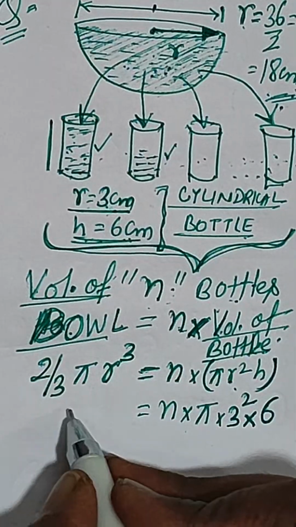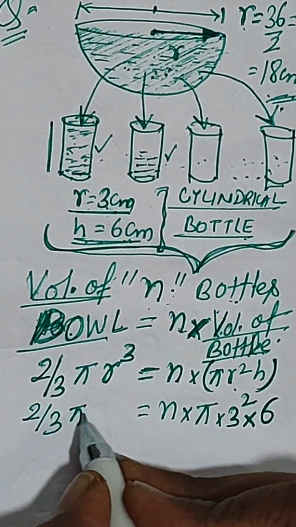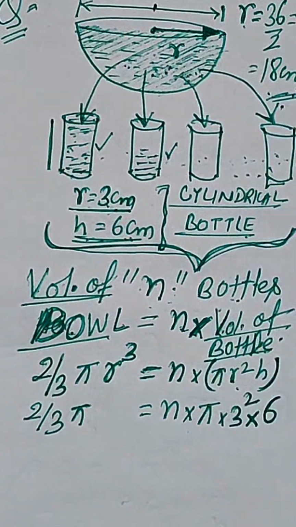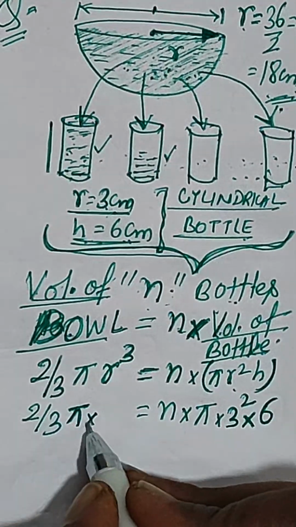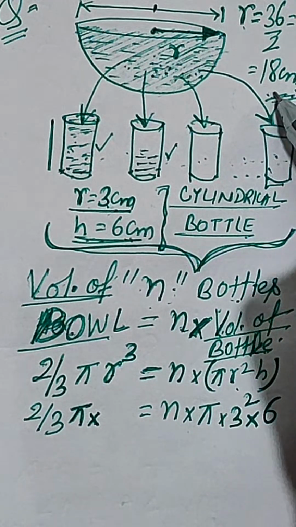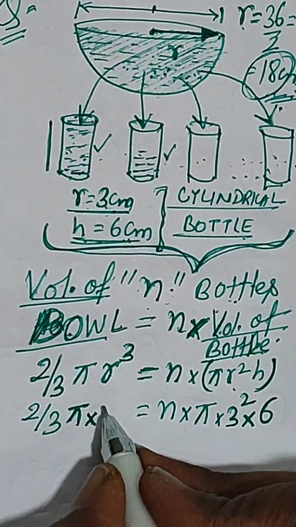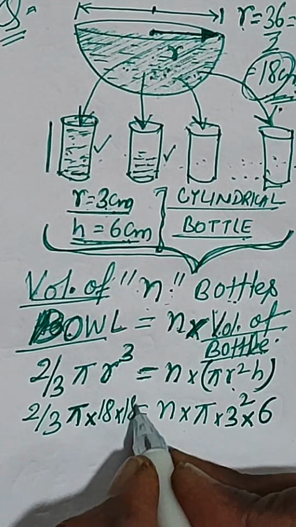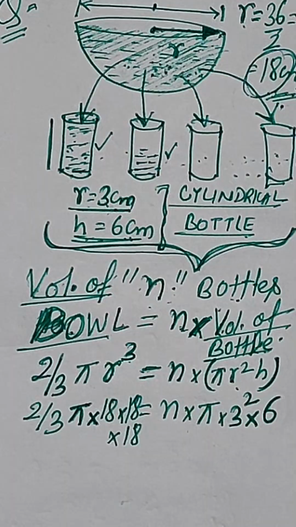And equate it with 2 by 3 pi r cube, which is the volume of the liquid contained inside this bowl, right? 2 by 3 into pi into r cube, and here the radius of this bowl is 18. We will be using this 18. So this will be 18 into 18 into 18, 18 cube, right?